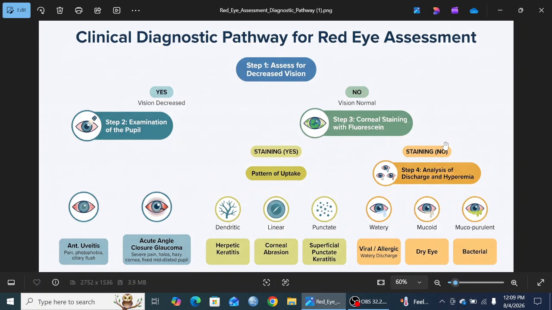These four simple questions can differentiate the majority of the common causes of red eye encountered in examinations, emergency departments, outpatient clinics, and primary care settings. So, once you master this algorithm, you will never feel confused when evaluating a patient with red eye.